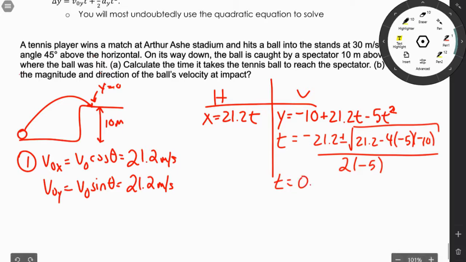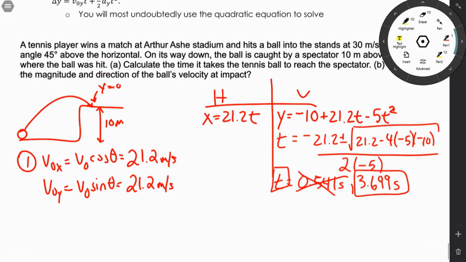We're going to get one time of 0.541 seconds. Then I'm going to plug in the negative, because it's plus or minus, and I'm going to get an answer of 3.699 seconds. Because it tells us the ball is on the way down, the 0.541 seconds is before the maximum height. So it's going to take 3.699 seconds to get there.